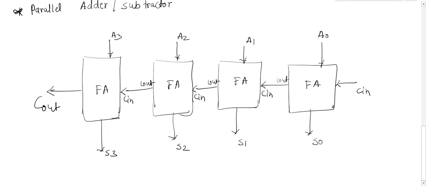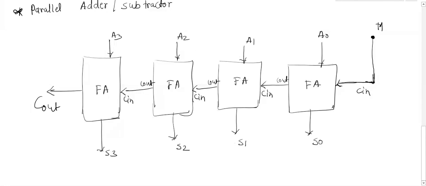Now we are going to use one mode control input, which I am taking here as M. This mode control input will be either 0 or 1. It is connected with the carry input.